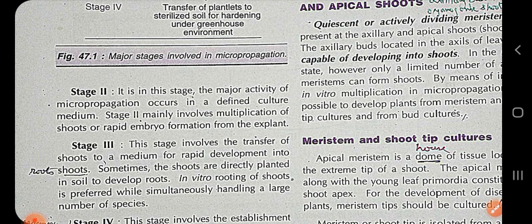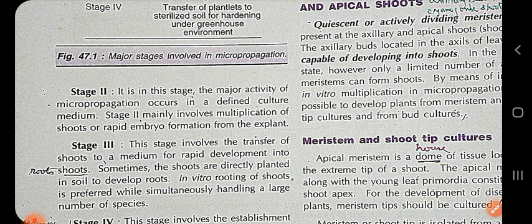All of us know that we have to incubate the culture vessel and culture room at 25 plus or minus 2 degrees Celsius at 40 to 50% humidity. The light intensity will be 2000 to 3000 lux for a 16-hour photoperiod.